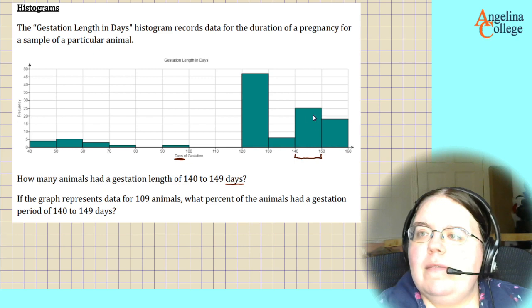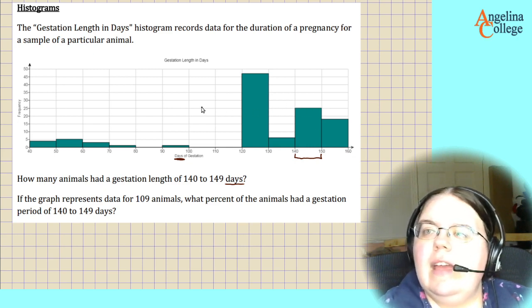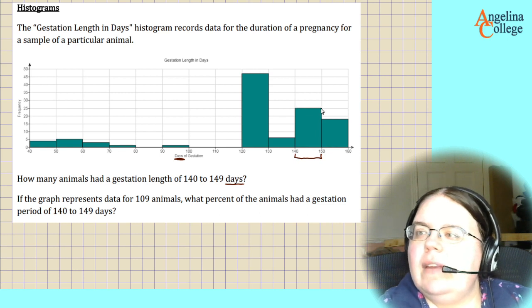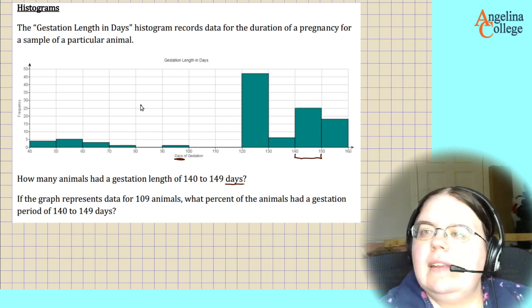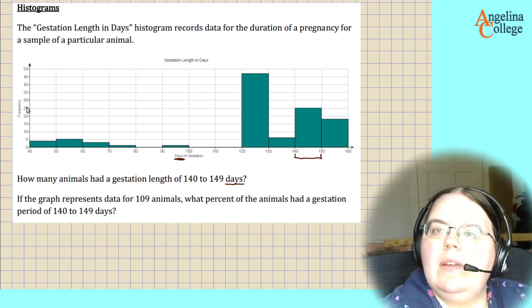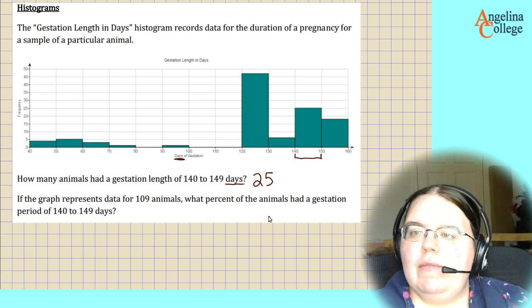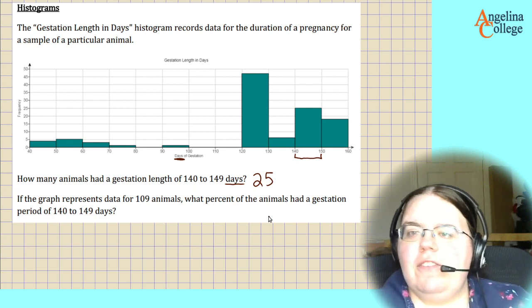So that'll be this bar here, and then going across to see how many that is. It looks like it's right on the grid line. Let's see. All the way across brings us to 25. So that looks like out of this sample, 25 of the animals had that gestation length.